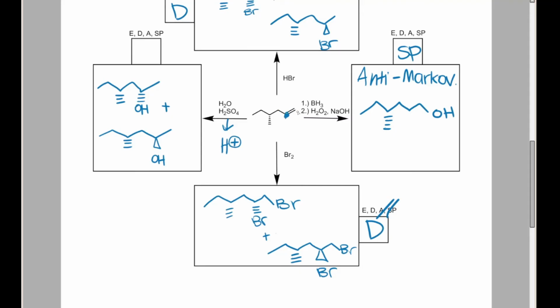It can be here or it can be here, and it's added to the less substituted carbon in this case, which means it's anti-Markovnikov. But in this case, it's added to the more substituted carbon in between the double bond, so this is a Markovnikov reaction.